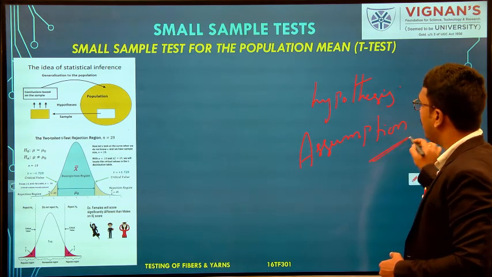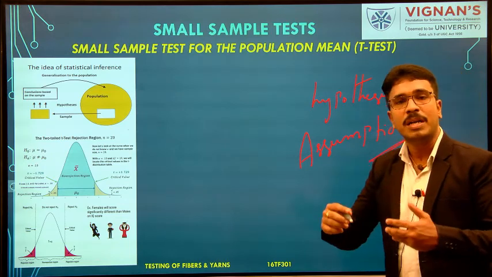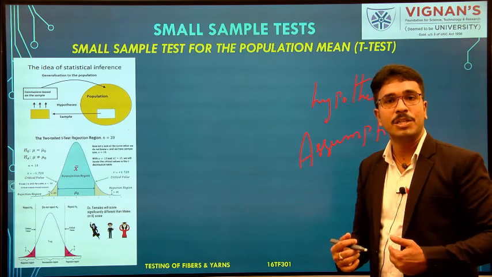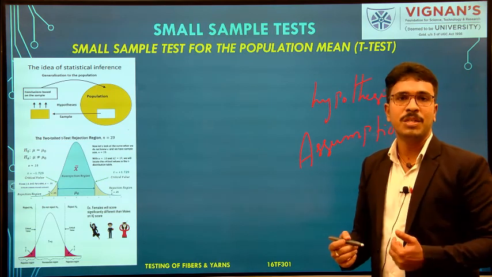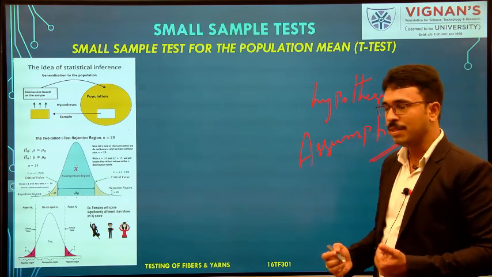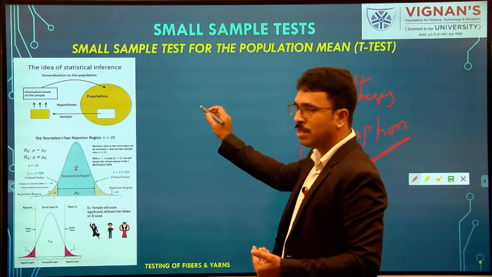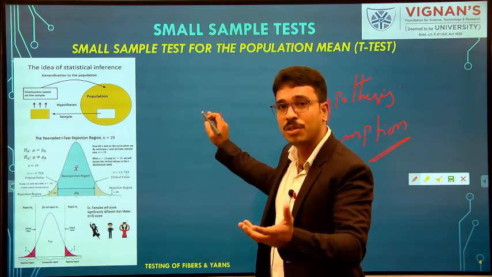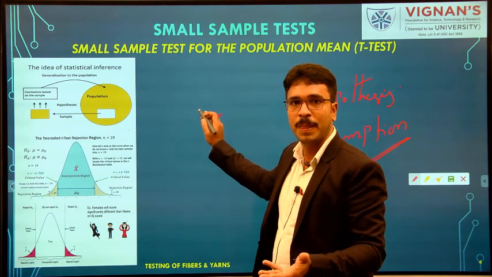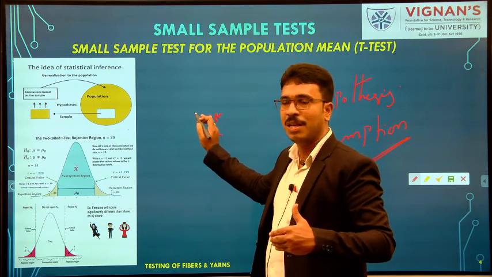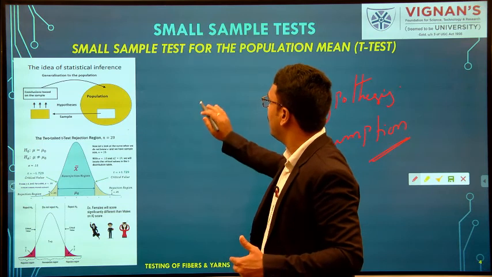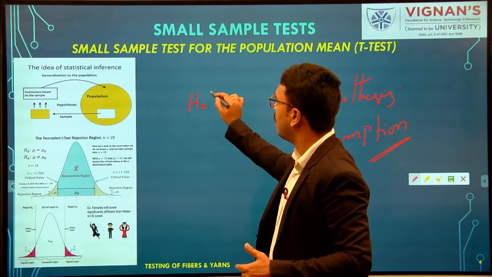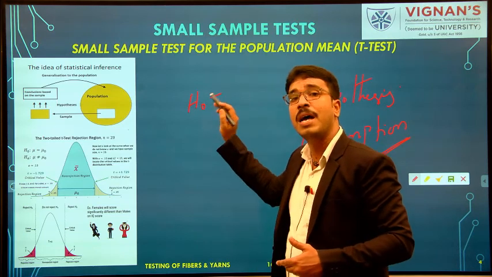That means we are assuming something about the population results, that the population quality is good. That means whatever we have produced is of good quality based on the sample results. So that is nothing but H naught, the null hypothesis.